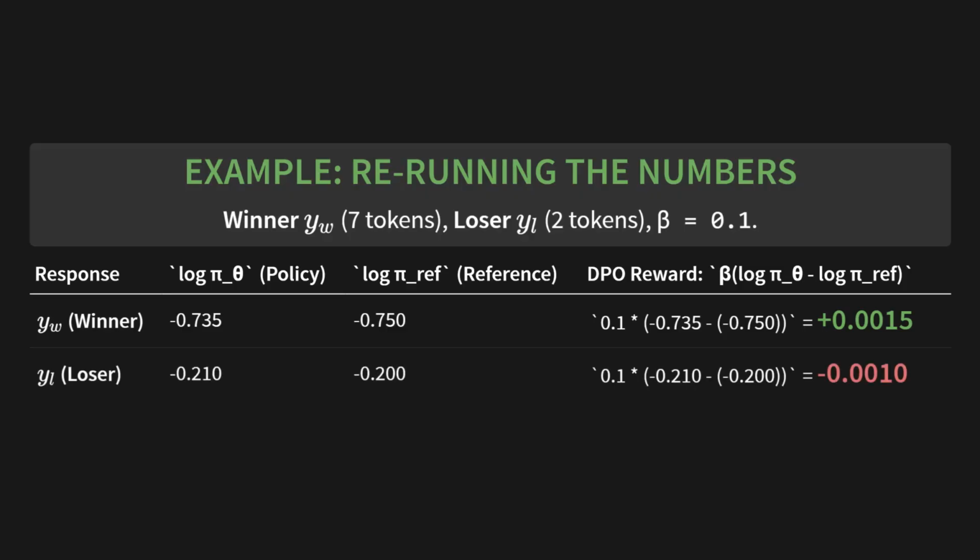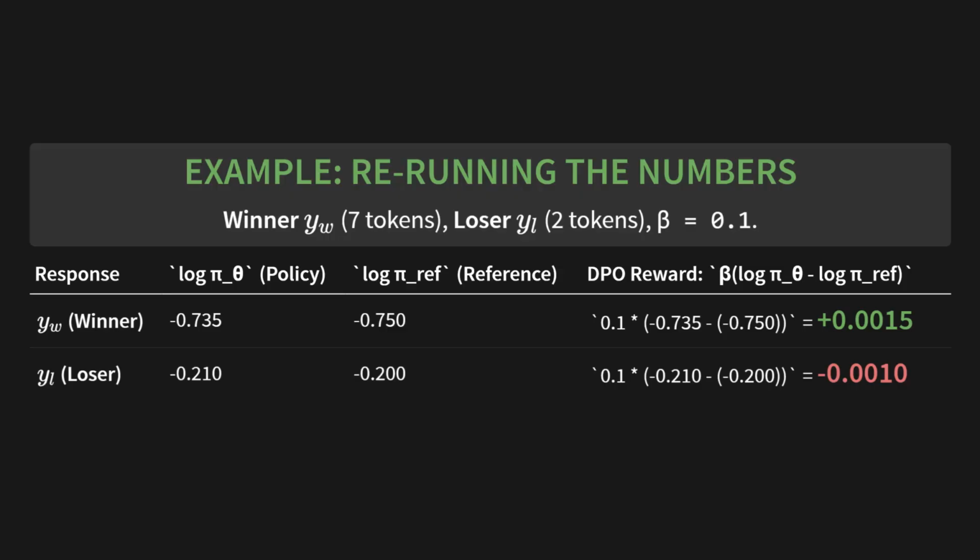Okay, now let's do the loser, y sub l. The policy gives it a score of negative 0.210. The reference model gives it negative 0.200. So the DPO reward is 0.1 times negative 0.210 minus negative 0.200. That comes out to negative 0.0010.